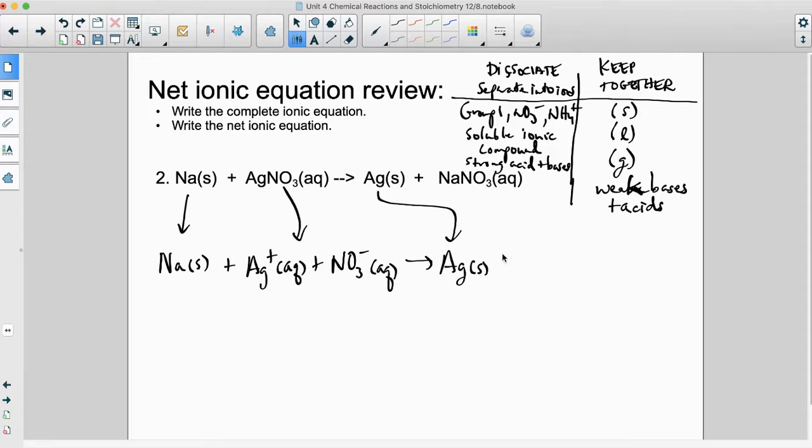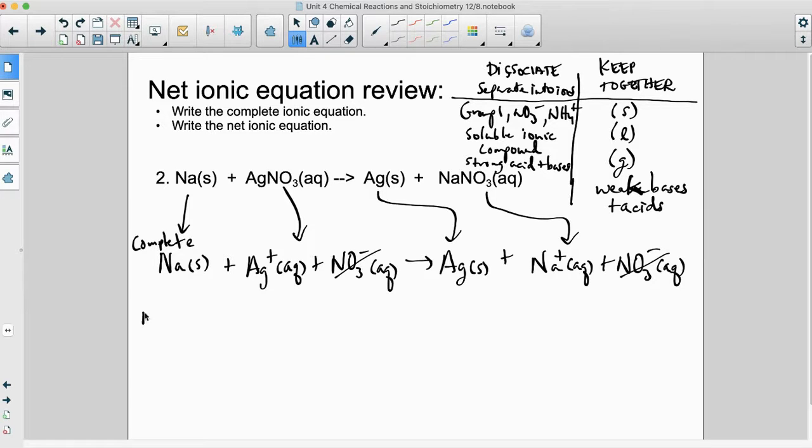Keep that together. And this is going to be Na+ aqueous plus NO3- aqueous. The only thing that we can cross out is this nitrate. So that's our complete ionic right there.